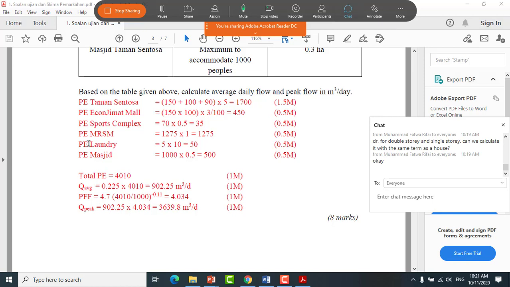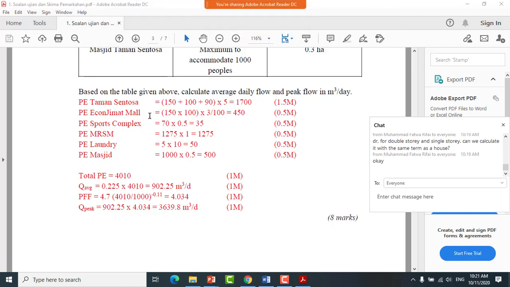Then we go to the Econ Mall. It's a shopping mall, so 150 times 3 over 100. We are concerned about only the area, the total area. It doesn't matter how many shop outlets inside there, so it will be 450.